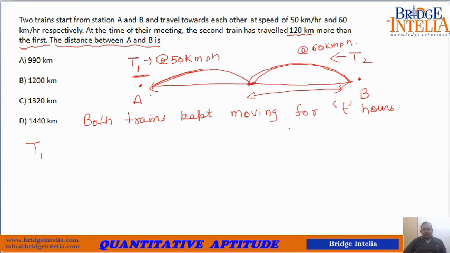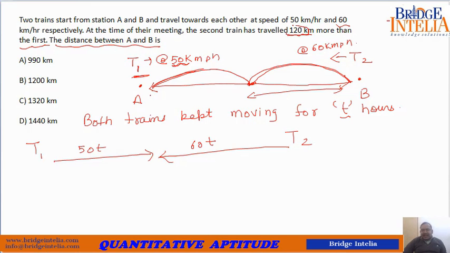So train 1 and train 2. How much forward must the first train have come? Its speed is 50, it is traveling for t hours. So 50t. The second train is traveling at a speed of 60 kilometers per hour for t hours. So the second train must have traveled 60t.